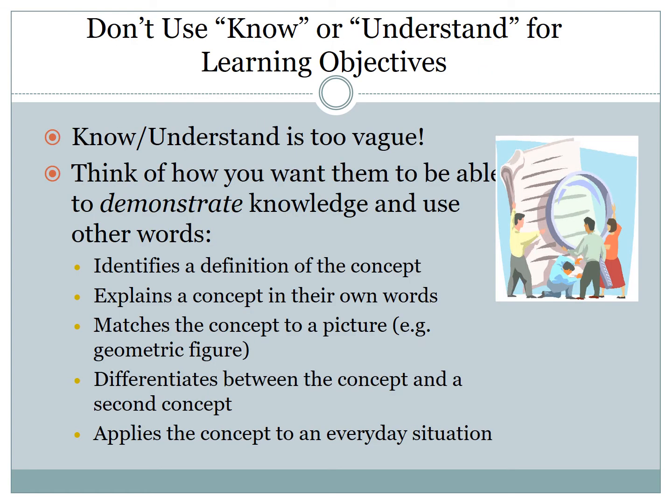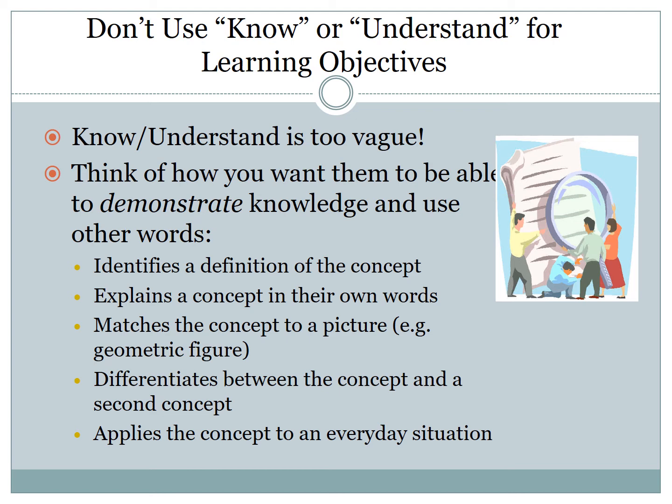which is a perfect segue into this slide. Don't use the words know or understand in learning objectives. So it's too vague, and you can't really see them knowing or understanding something that's going on in their minds. You have to look for evidence of it. You want them to demonstrate knowledge. So you use other words.